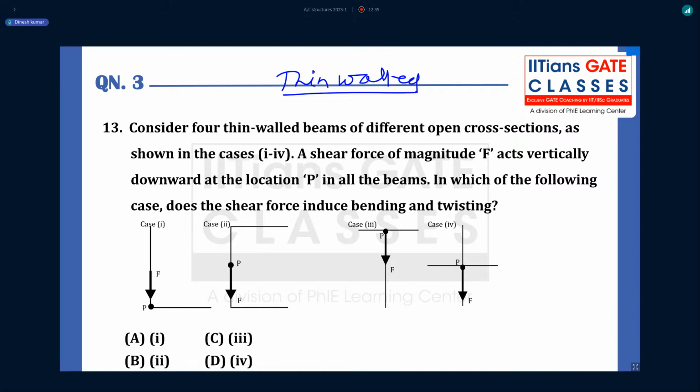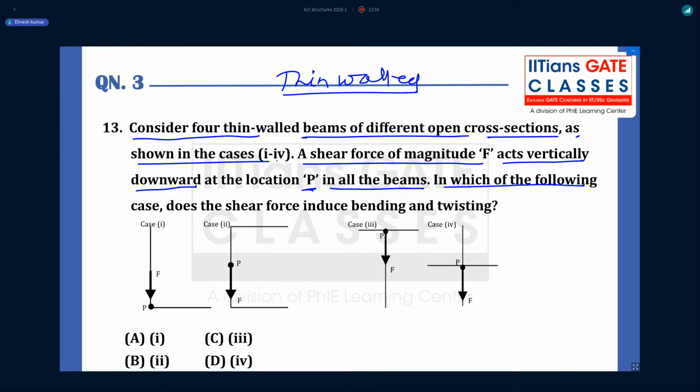It says: consider four thin-walled beams of different open cross-sections as shown in cases 1 to 4. A shear force of magnitude F acts vertically downward at the location P. In which of the following cases does the shear force induce bending as well as twisting?